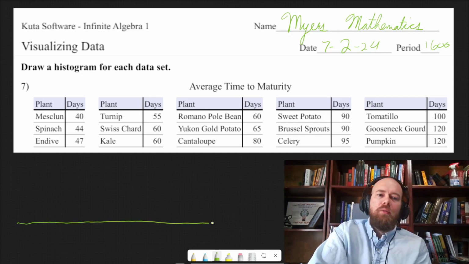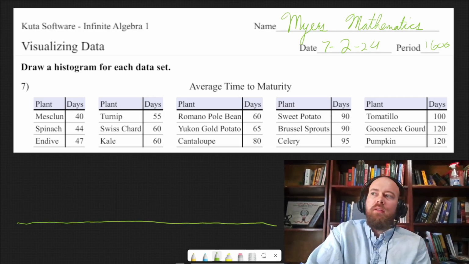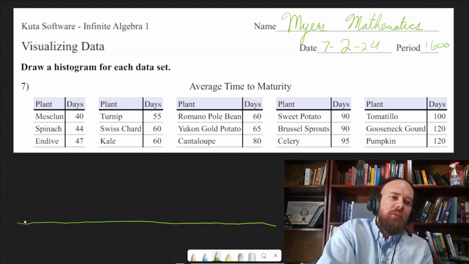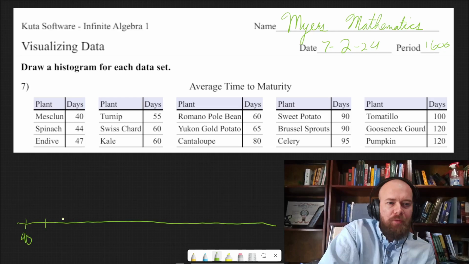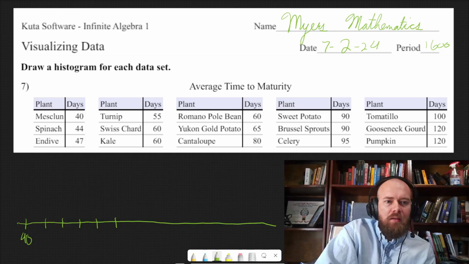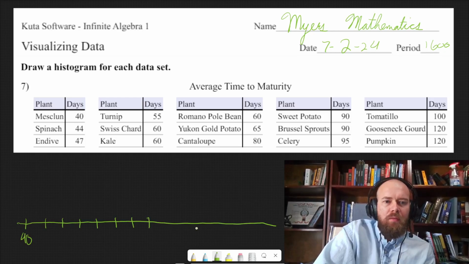So if I go all the way across like this, we'll start off with 40, and then try to space it out evenly here. So 50, 60, 70, 80, 90, 100, 10, 20, 30. Oh, already too far.